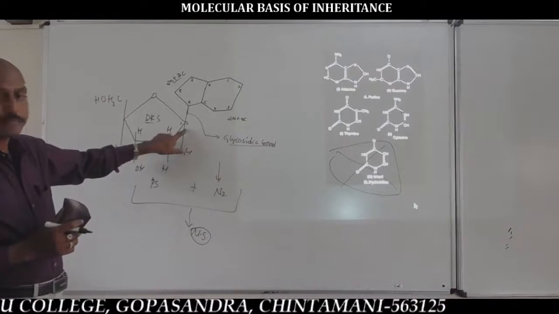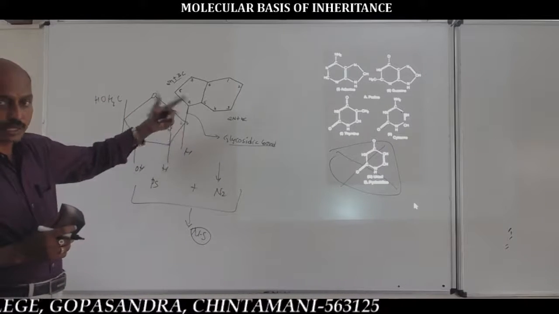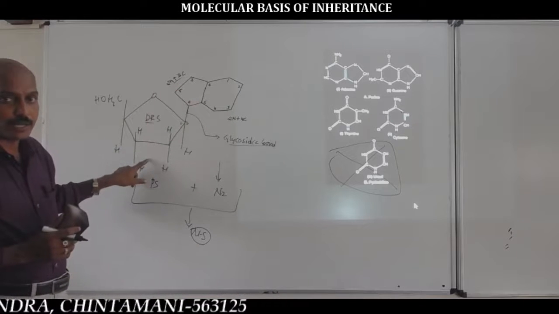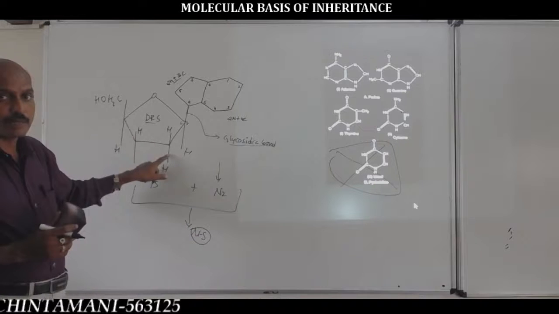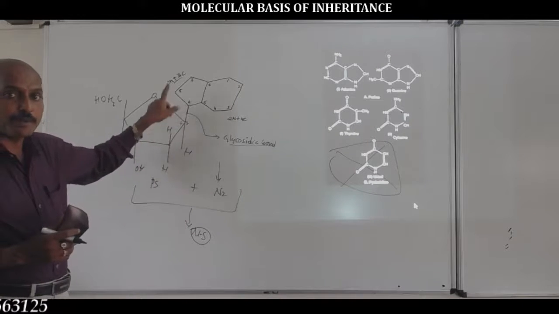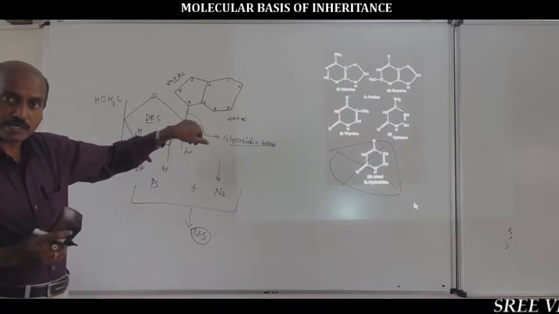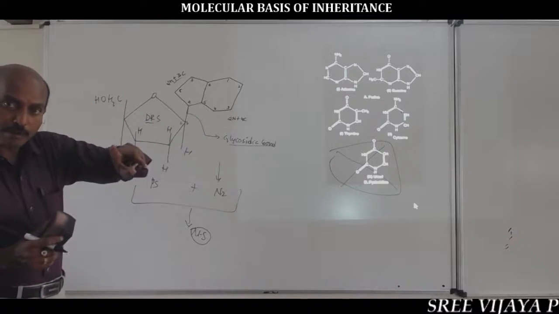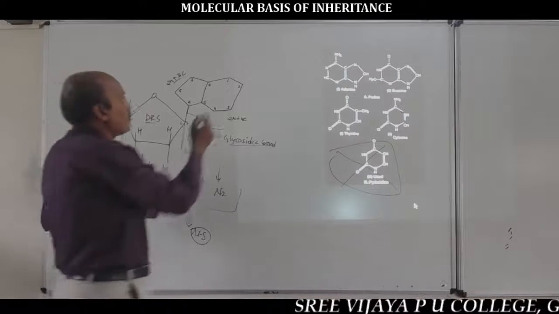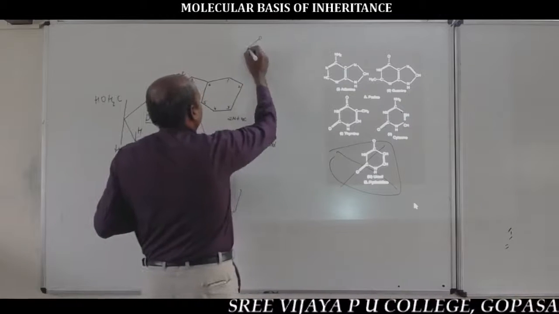So during formation of nucleoside, the nitrogen base binds to deoxyribose sugar at the first carbon atom, and at the ninth position of the purine base or the first position of the pyrimidine base. You should remember.